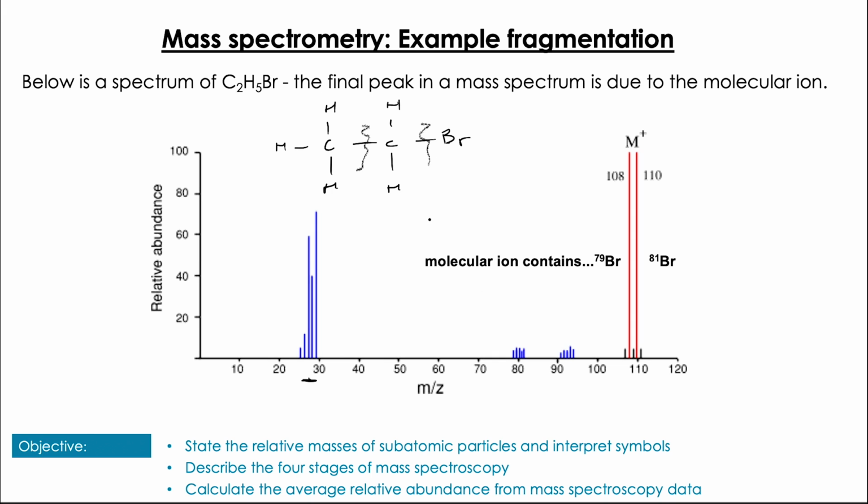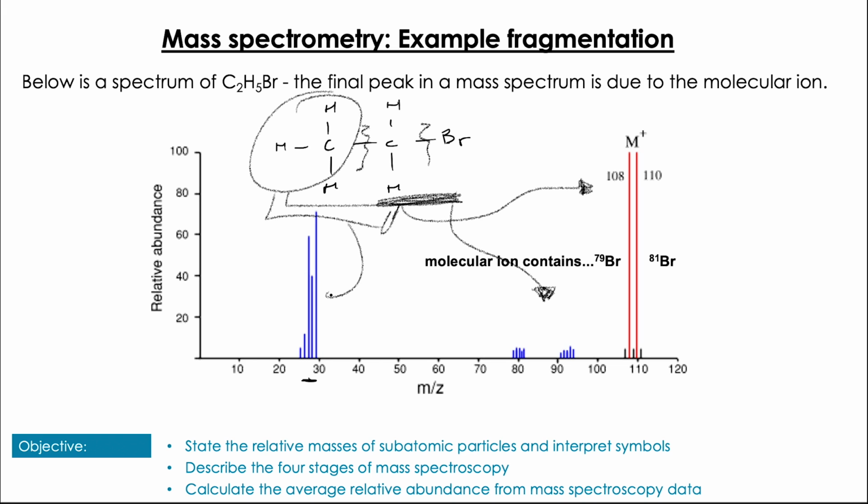Here we have the molecular ion peak over on the right hand side, but the molecule can break down into these smaller components, and these form these peaks all the way along, and we can actually use those to identify the molecule. But at the moment, I just want to introduce the concept of fragmentation as a possibility.